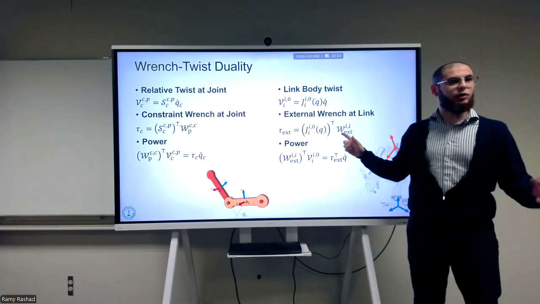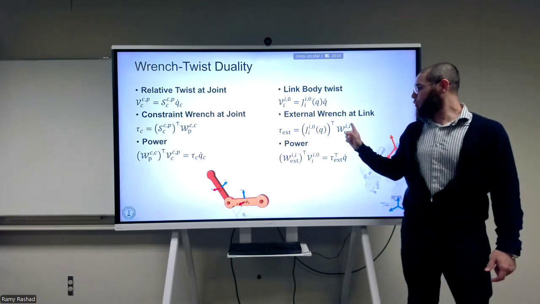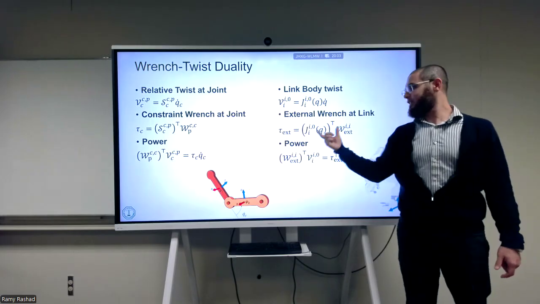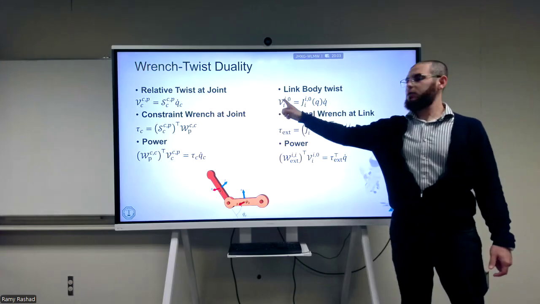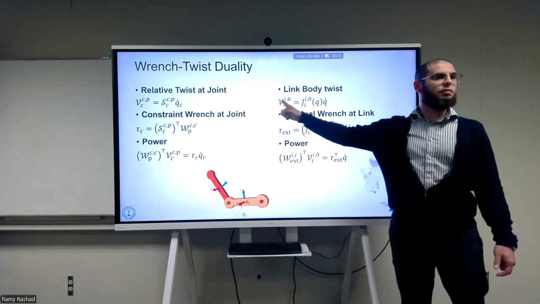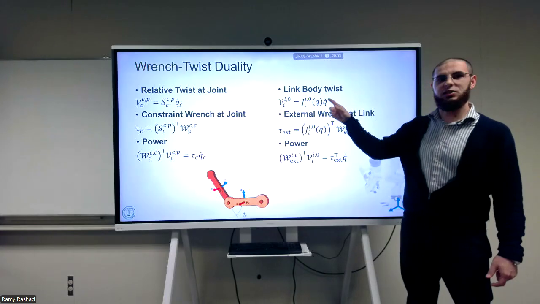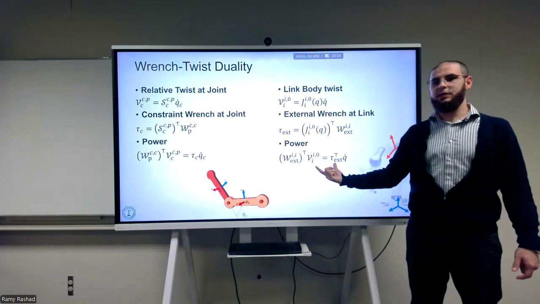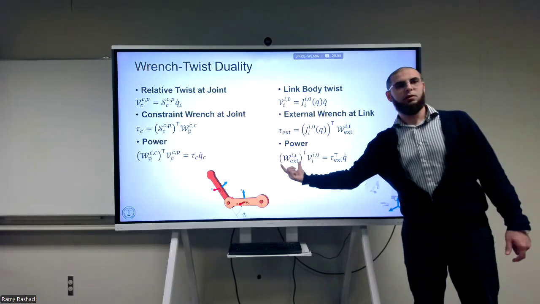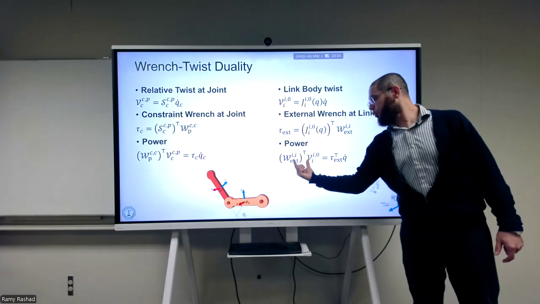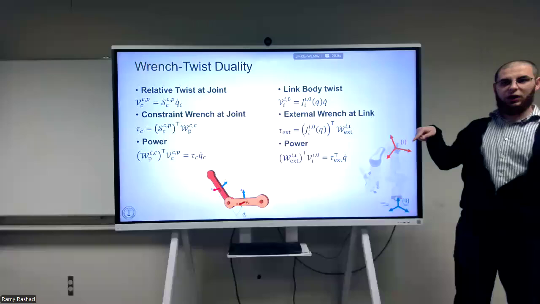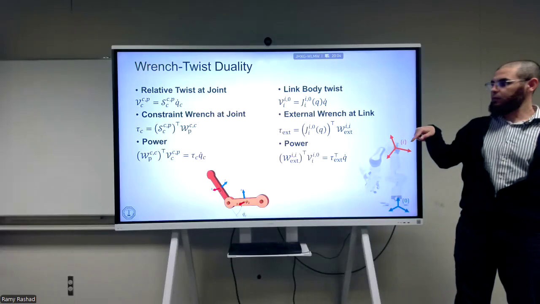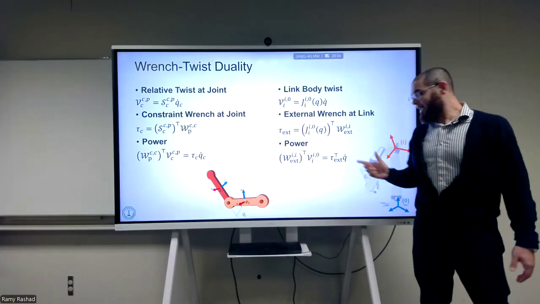But the key idea that I want to show you here is that the map that will go from the wrench to the twist is actually the transpose of the Jacobian that maps the q dot to the body twist. And if you couple these equations together, you'll find exactly the same expression: the power corresponding to the wrench applied at the ith link, where i here can be the end effector or any other link.